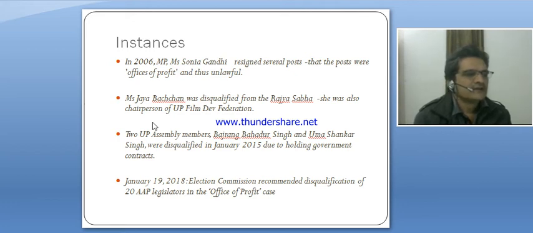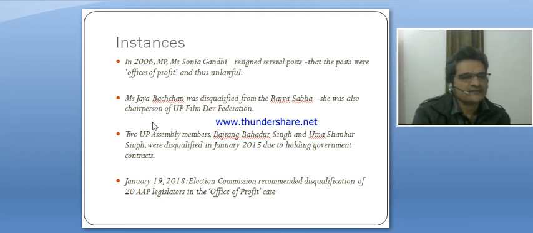Similar thing happened in the case of two UP MLAs who were actually not holding an office as such, but they had an interest in government contracts. They were direct parties to the contracts, or they were partners in the contracts with firms having contracts with the government. So you can see there is a clear case of conflict of interest.